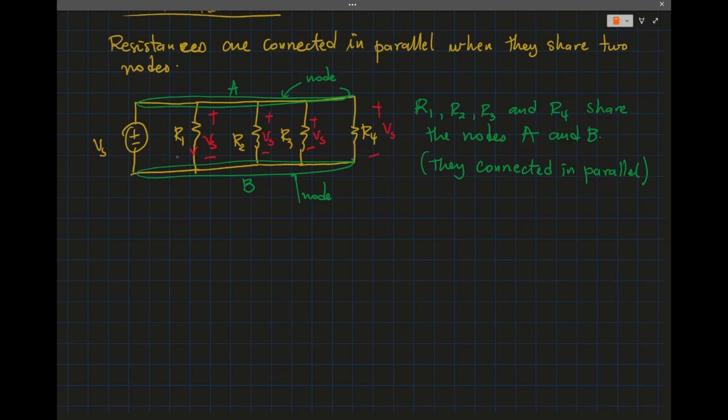So let's call this current I1. Let's call this current I2. Call this current I3. Let's call this current I4. And then let's call this current the total current.